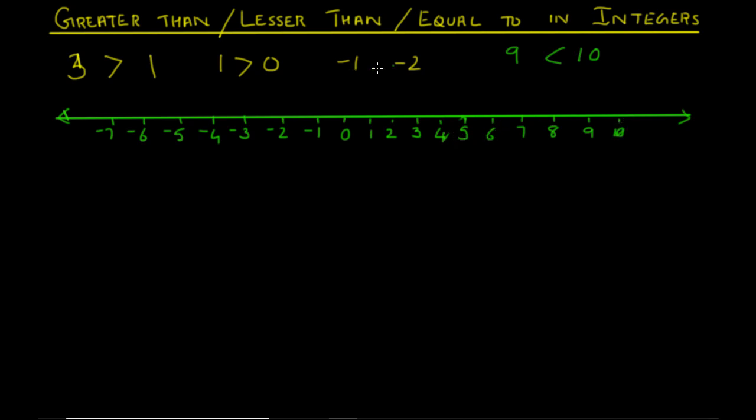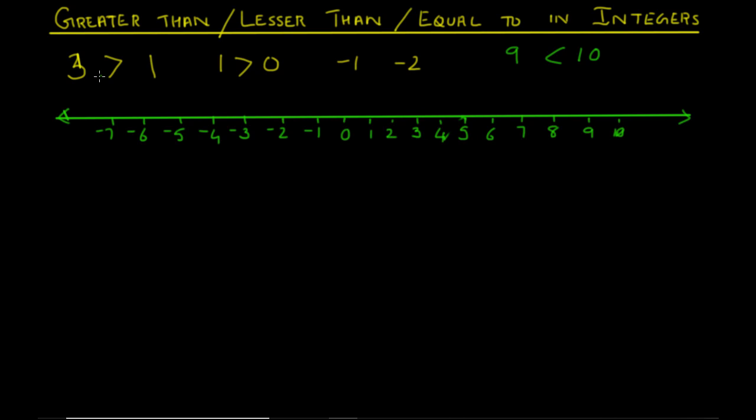Now what about these negative integers, -1 and -2? If you represent two integers on the number line, we normally follow the fact that the number on the right is greater than the number on the left.